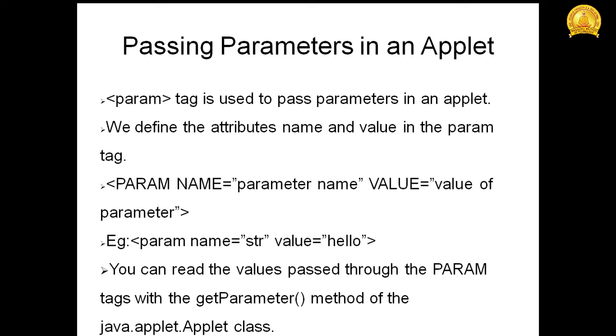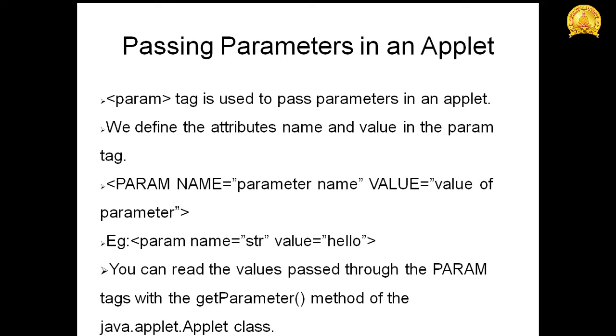Now these are the parameters that are passed in an applet. How can you retrieve this parameter in your Java code? You can read the values that are passed through the param tag with the getParameter method. So the applet class has another method called getParameter. This method is present in the applet class, and it is available to you because you are extending the applet class in your program.